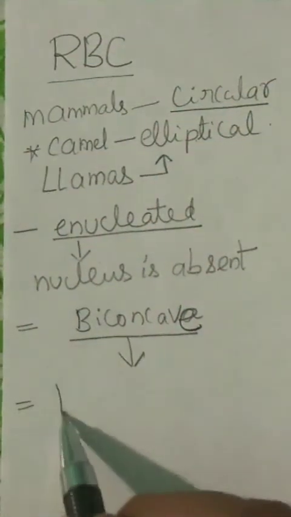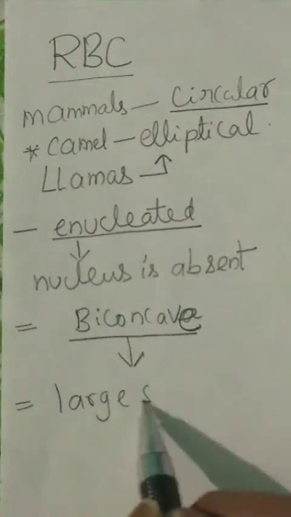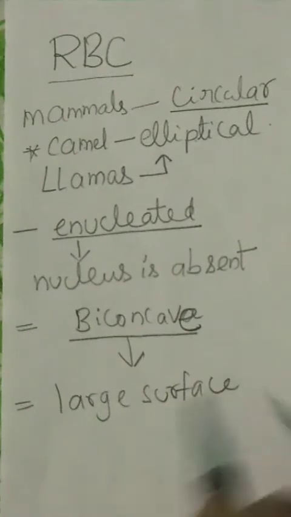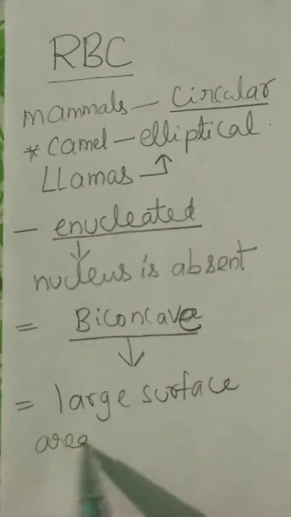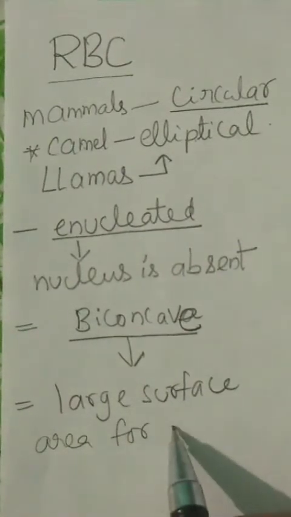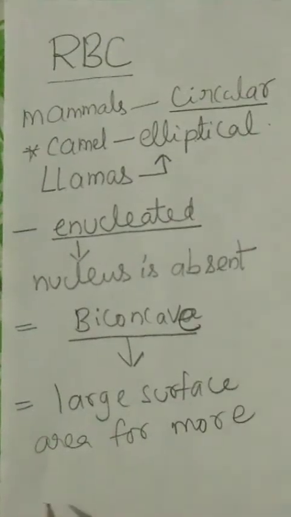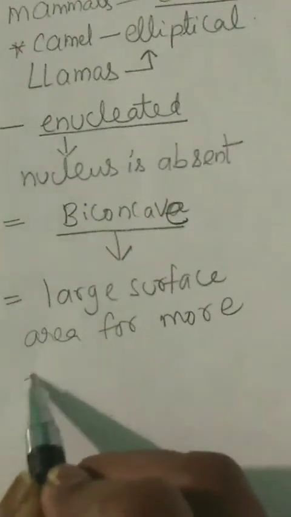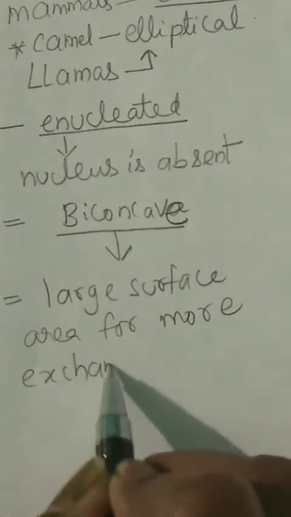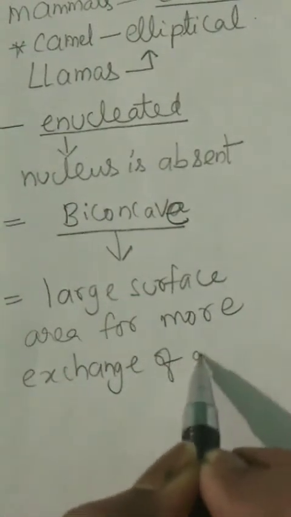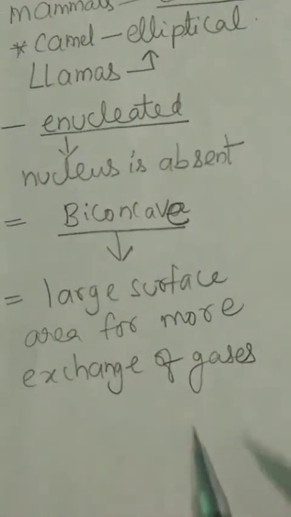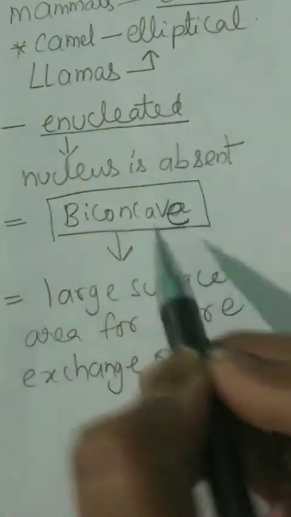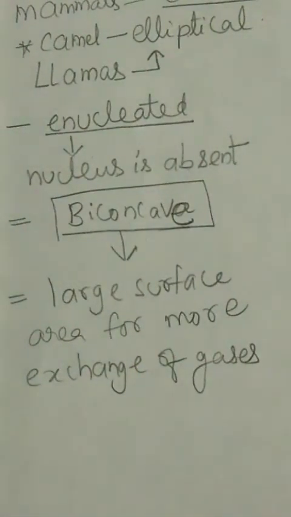To provide large surface area for more exchange of gases. Easy exchange of gases. Because of that, RBC is biconcave in mammals.